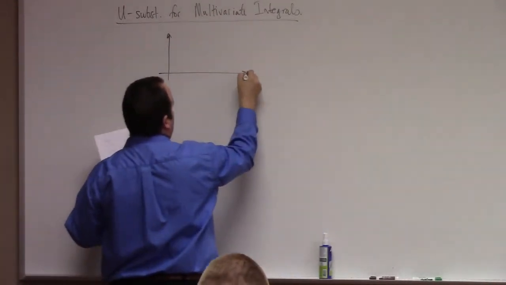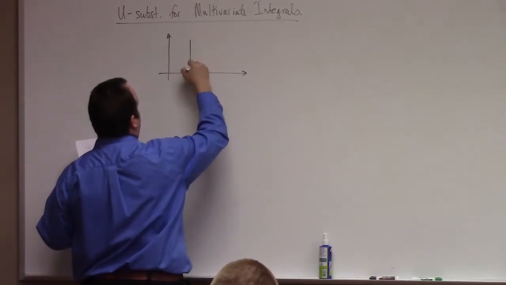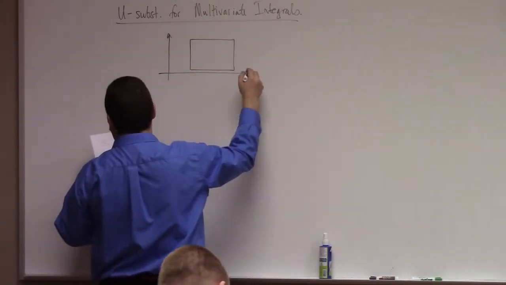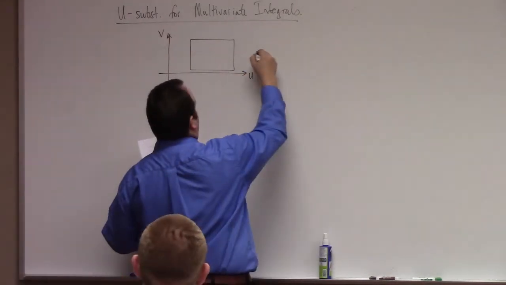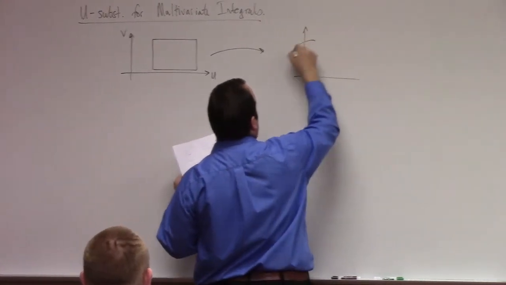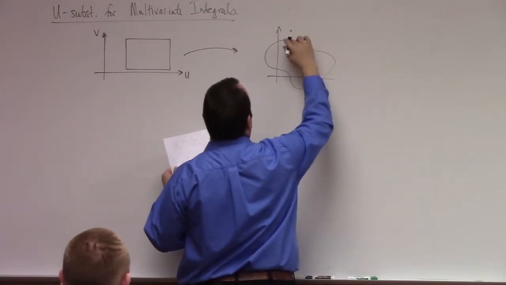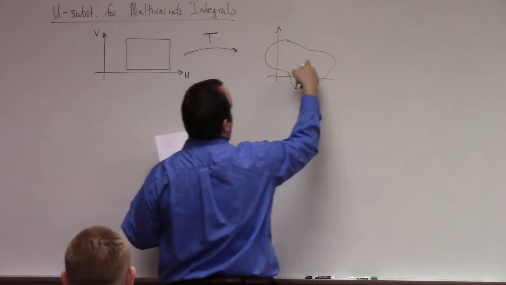change of coordinates. Maybe we have some region that looks like this in the UV plane. And I'm going to suppose that it maps over to some other region, and the transformation T takes us from here to here.